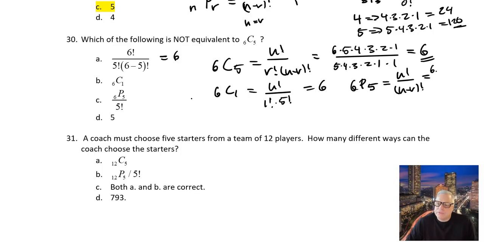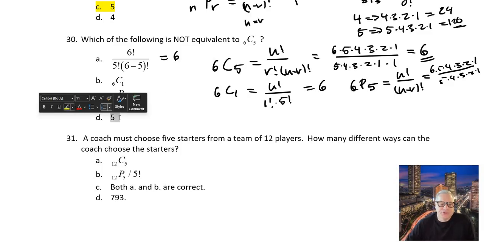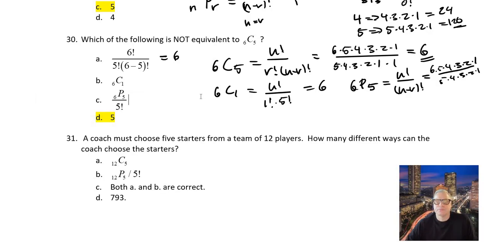And that is 6 times 5 times 4 times 3 times 2 times 1 over 5 times 4 times 3 times 2 times 1, which is also 6. So the correct answer is 5, because 5 is not equal to 6 choose 5.